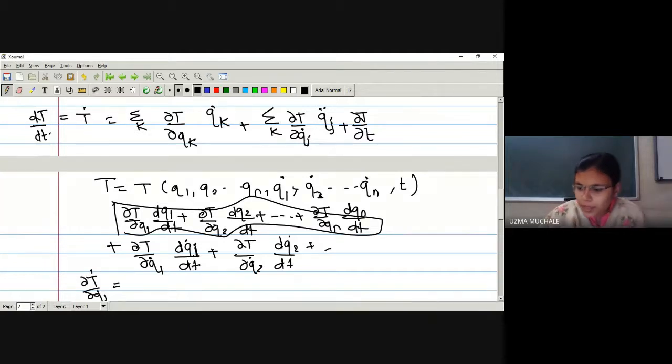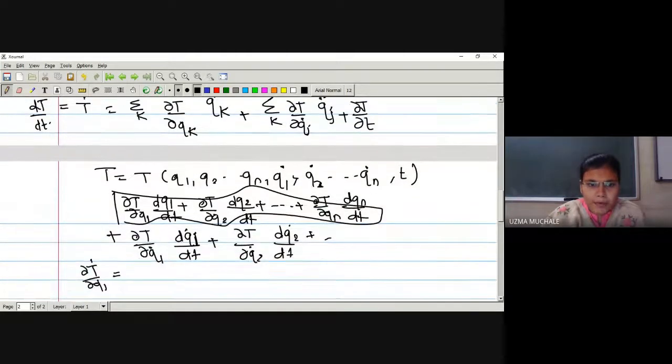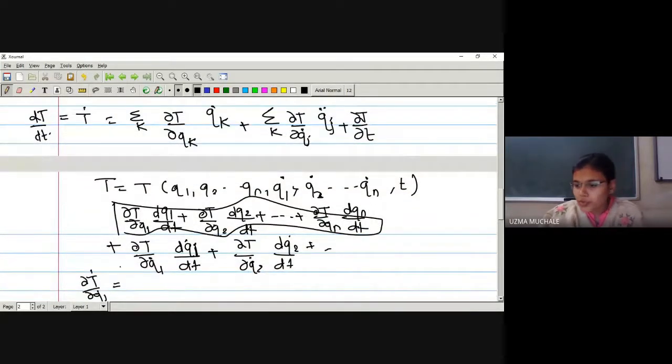Okay, first we will evaluate the value of dou T dot by dou qj dot. Again here, if you remember, we have to now differentiate this whole term T dot with respect to qj dot.